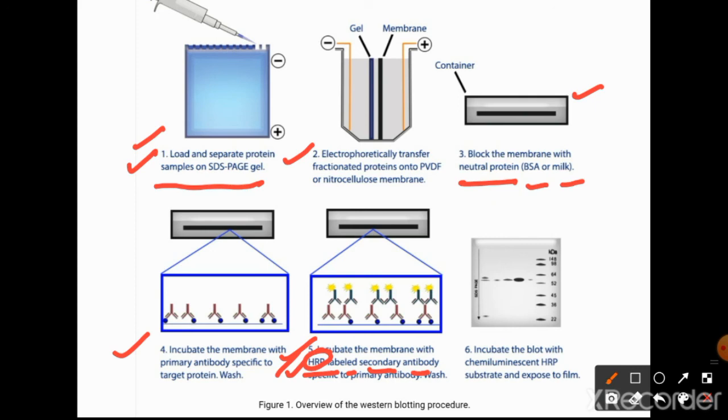So here we will incubate the blot further with chemiluminescent HRP substrate, that is horseradish peroxidase substrate, that will be the specific substrate for this enzyme, and we will expose it to the film for detection purpose.